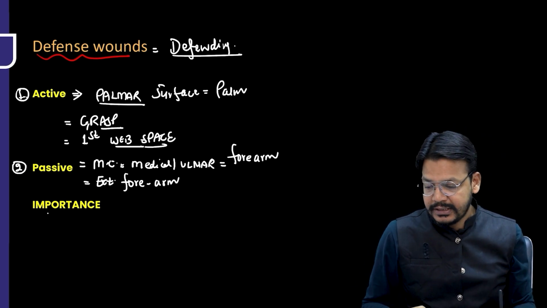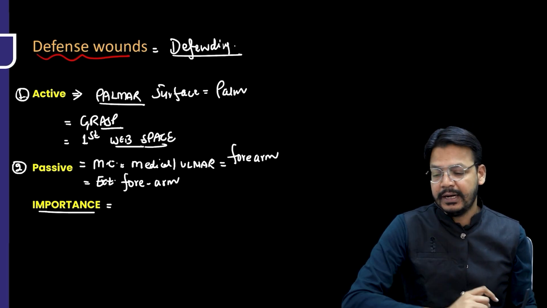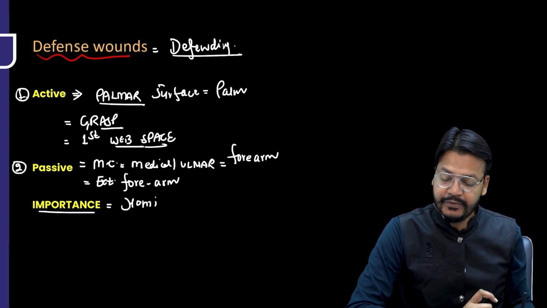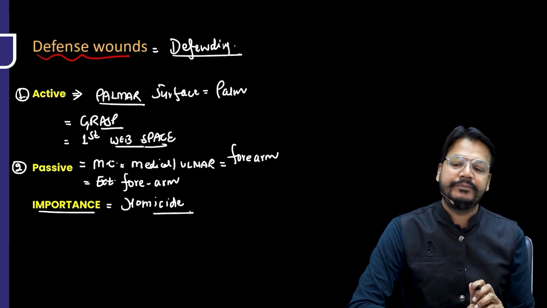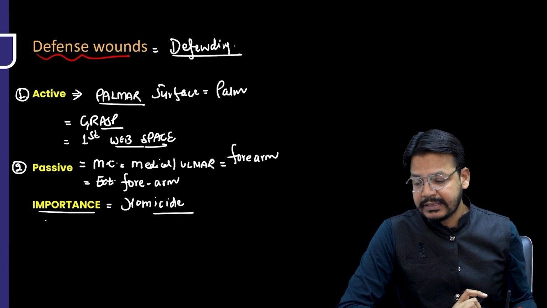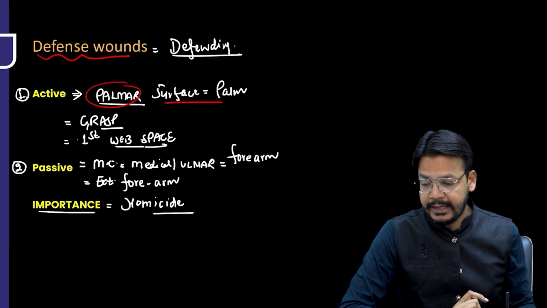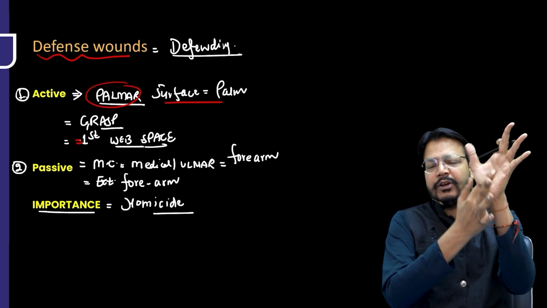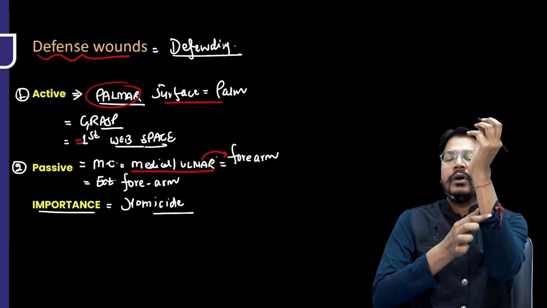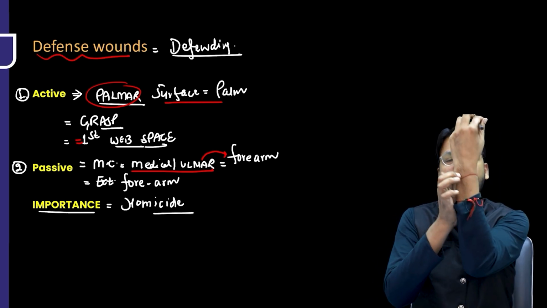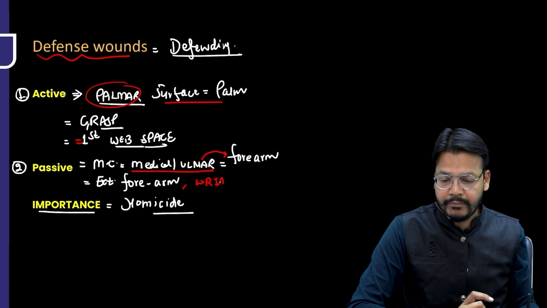And my dear friend, what is the medico-legal significance? If defense wounds are there, it is a 100% significant finding that it's a case of homicide, homicidal in nature. The most common site of an active defense wound is the palmar surface and the first web space, and there may be others also. The most common site of passive is the medial or ulnar surface of the forearm, or the extensor aspect of the forearm or wrist.